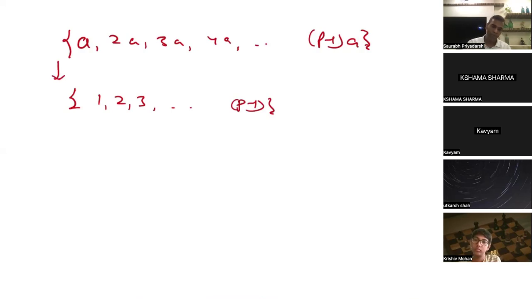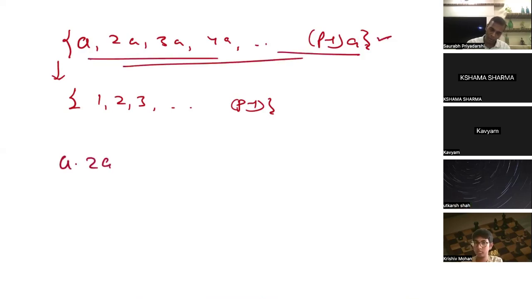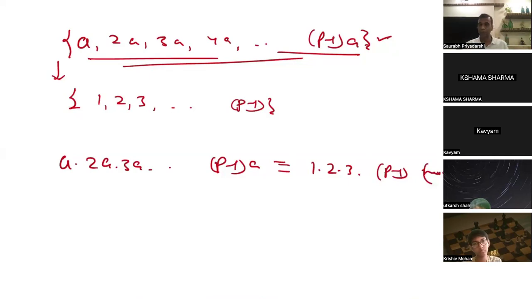I hope everyone is understanding this. If I multiply all these numbers together, A, 2A, 3A up to (P minus 1)A, that must be congruent to 1, 2, 3 up to P minus 1 mod P. Is this okay?